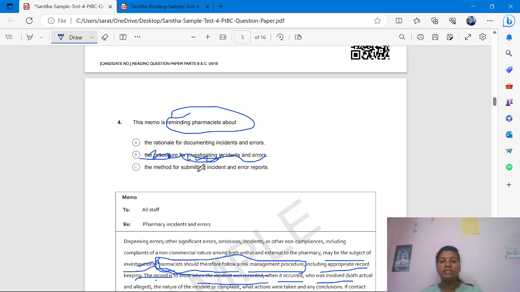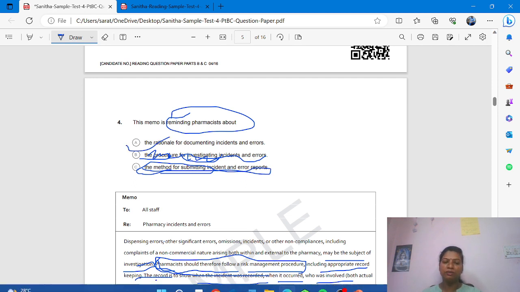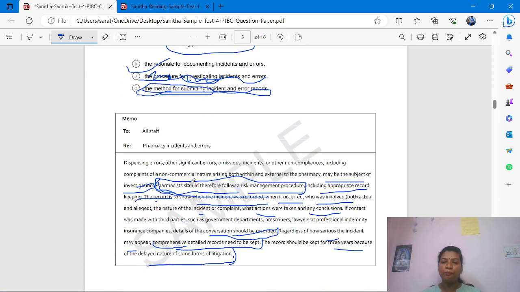But the method of submitting an incident report, is it saying anything about the method of submission? How to submit incident and error reports? No, it is not saying anything about this. So then we directly come to the rationale for documenting. Document properly how it occurred, who was involved, the nature of the incident or complaint, what action was taken, and any conclusion.